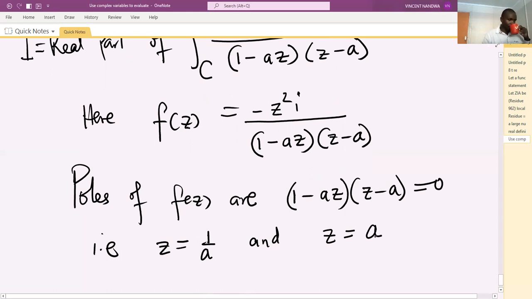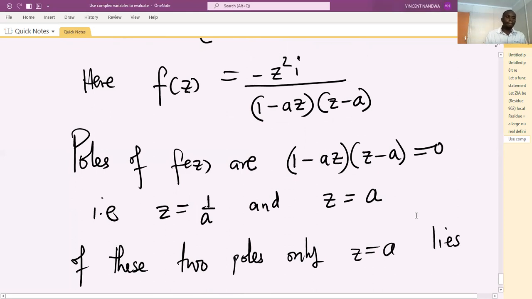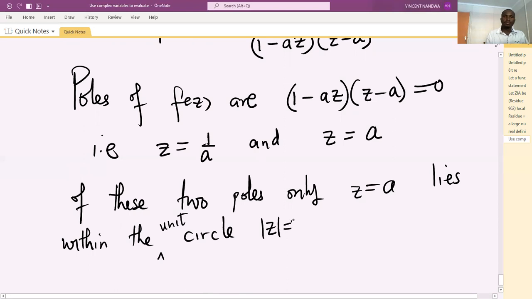Now, of these two poles, only z equals a lies within the unit circle, since a is less than 1, as we were told that a squared is less than 1.